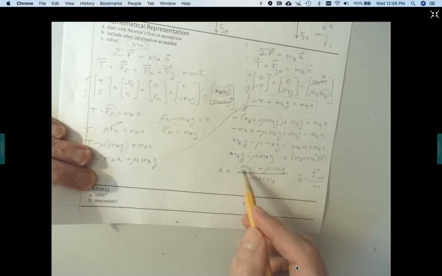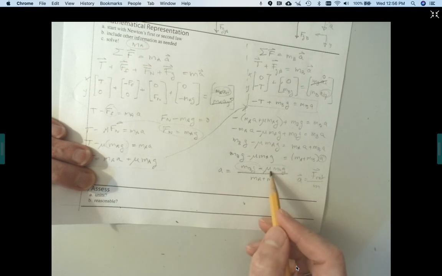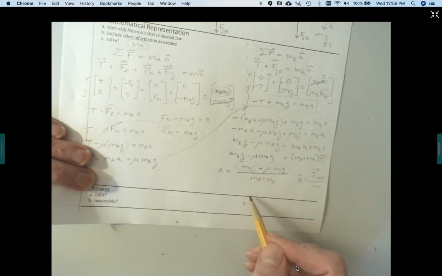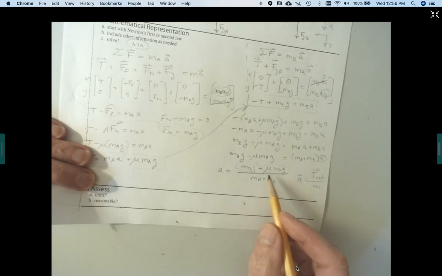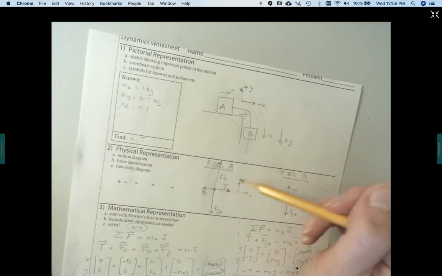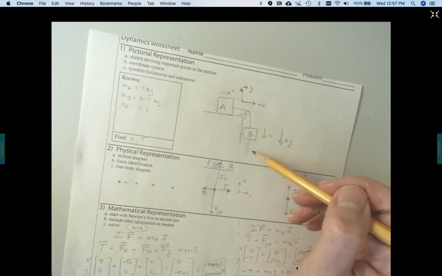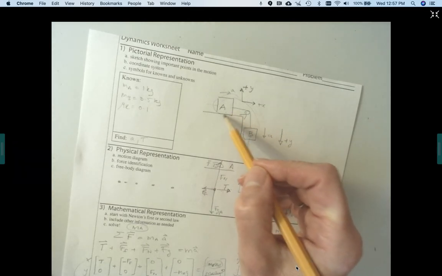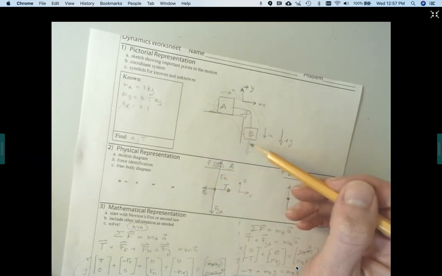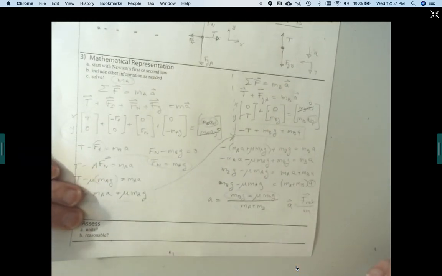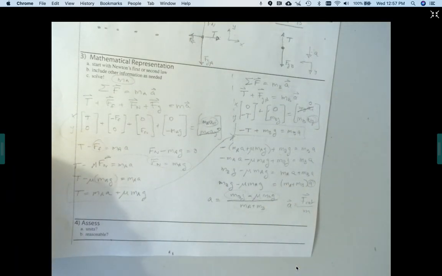We have the force of gravity on B, that's in the direction of acceleration, and it's being opposed by the force of friction on A. And then it's dividing by the system mass. So that's a different way of looking at it that actually eliminates having to do the analysis of each mass individually. If we group it as a system, think about one force trying to move it down in the direction of acceleration, the force of friction trying to resist it. And then we actually can ignore the impact of the tension. It ends up not being important.